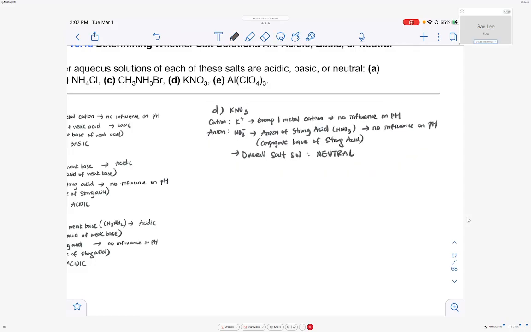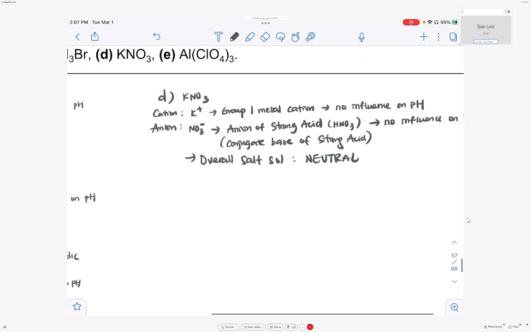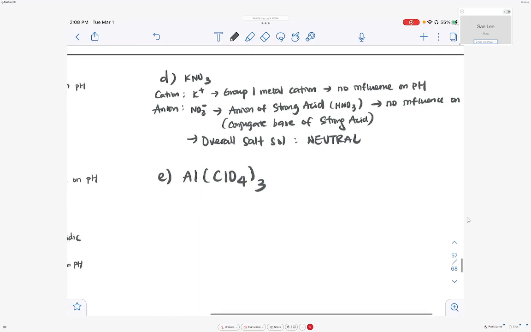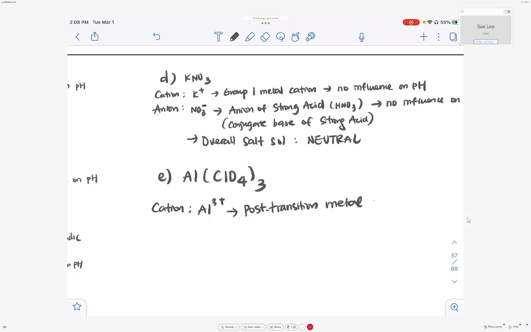Okay, question E. You have aluminum perchlorate. As for the cation, you have aluminum, which is a post-transition metal cation.